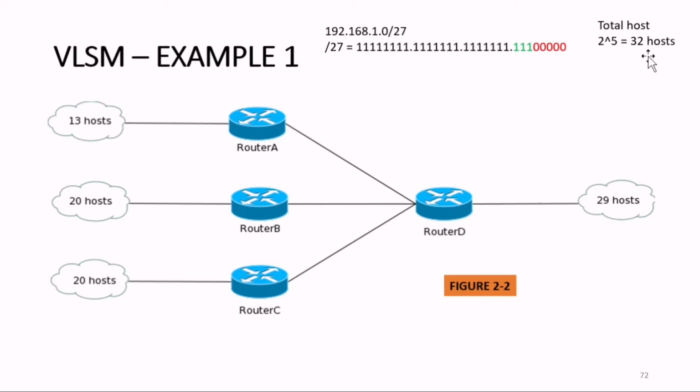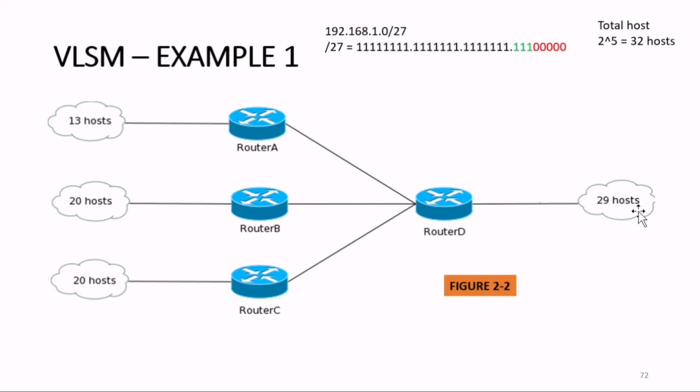Because of that, we can use /27. So 30 hosts, 30 IP addresses, plus 2 IP addresses which we cannot assign to any host, which are the network address and also the broadcast address.